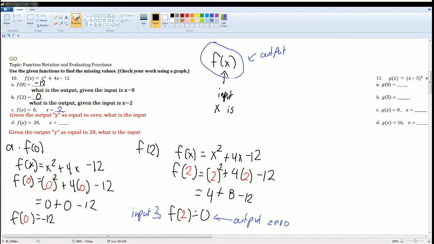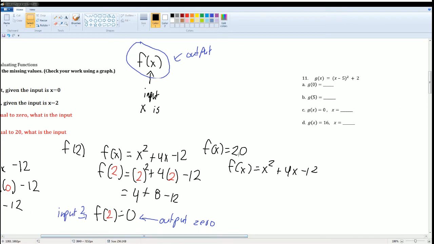Next one, they say f of x is equal to 20. So let me just write that for you. F of x equals 20. So they say 20 is the answer, right? So do you see here? I start by writing the function. F of x equals x squared plus 4x minus 12. But do you see where f of x is? I'm going to replace that by a 20.